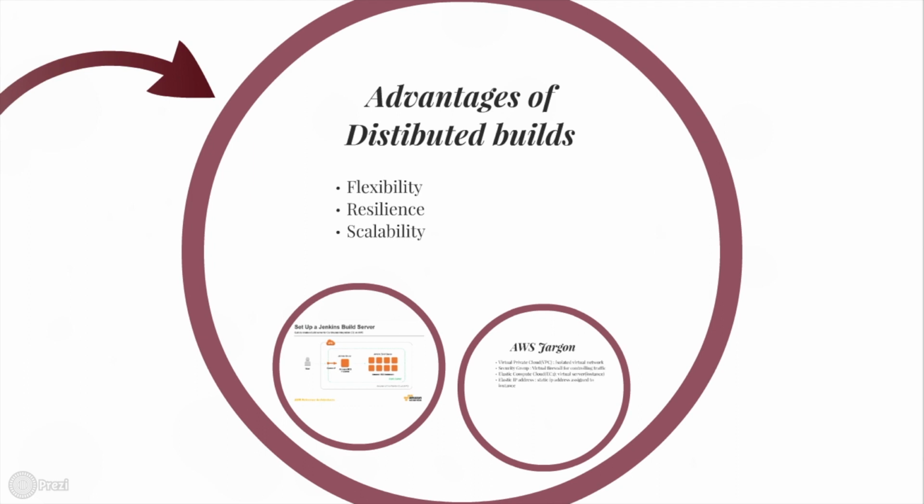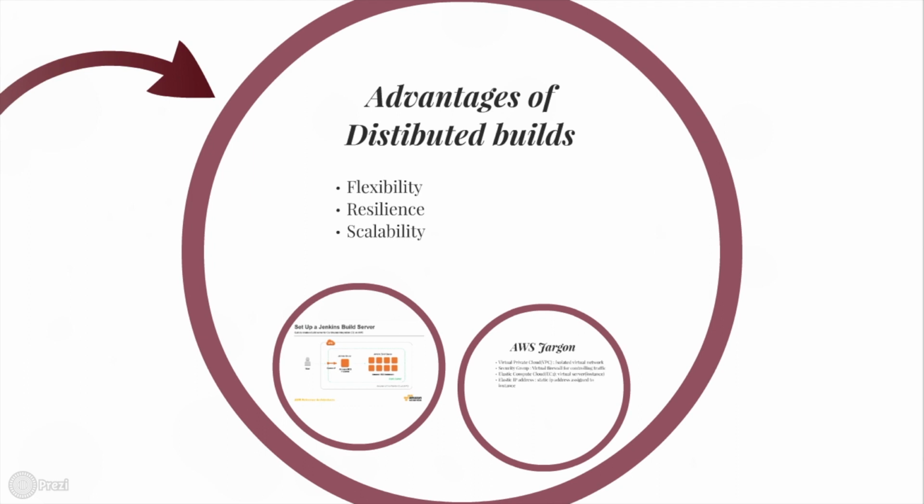You can also balance the load of running jobs across the different nodes or slaves available in your master slave architecture. Suppose on one node job number one fails. It won't affect another job which is running on another slave. So you get these kinds of advantages when you implement master slave architecture within your project.